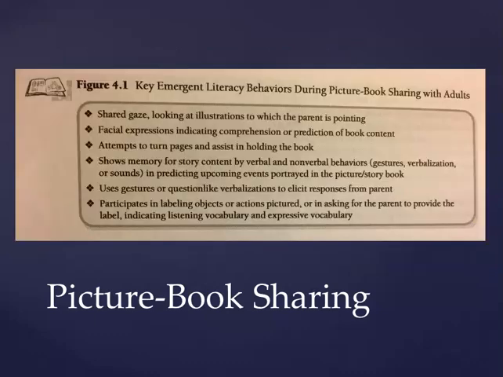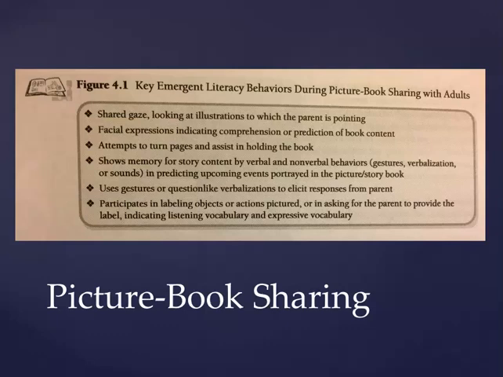So one of the things that research has shown us is that there are key behaviors that we can look for that are going to be flags pointing to emergent literacy in terms of observing how children interact with books in a book sharing experience with an adult.